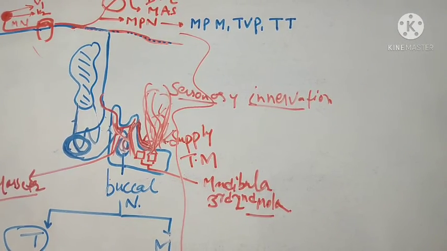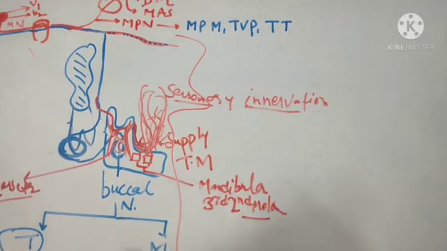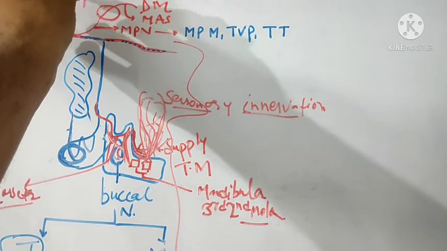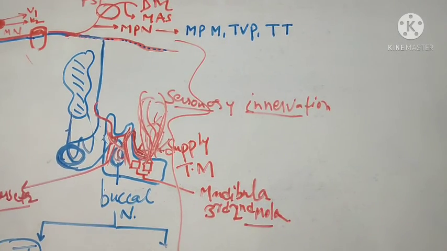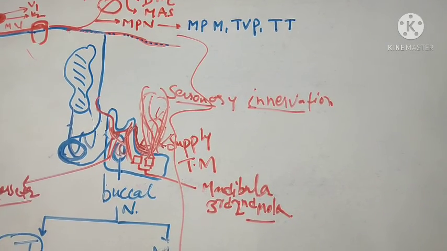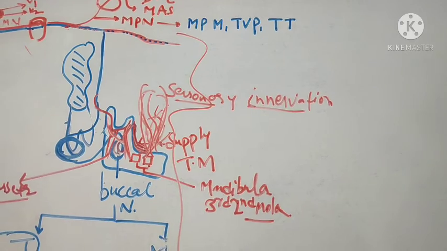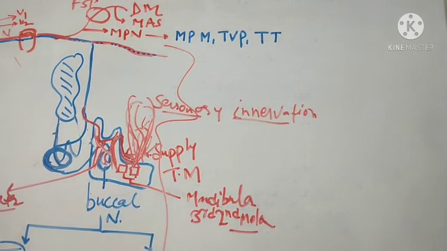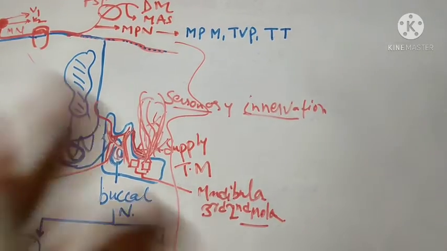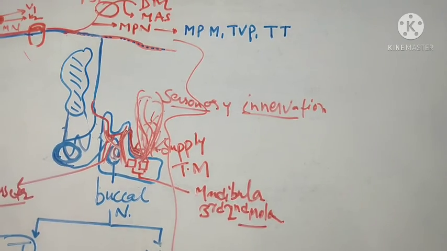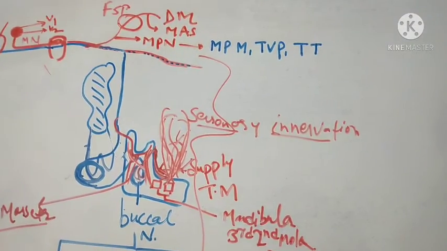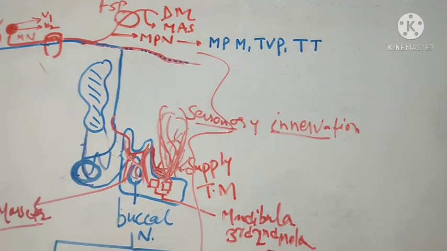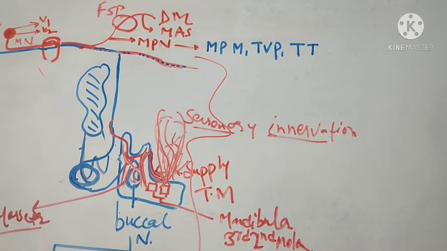The meningeal branch enters the foramen spinosum, and they supply the dura mater and the mastoid air sinus. I am going fast because I have already discussed it in detail.